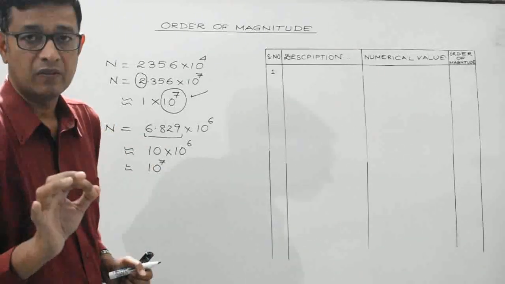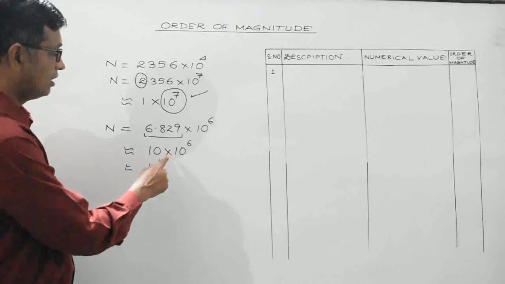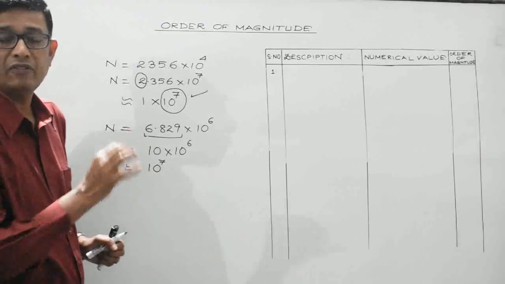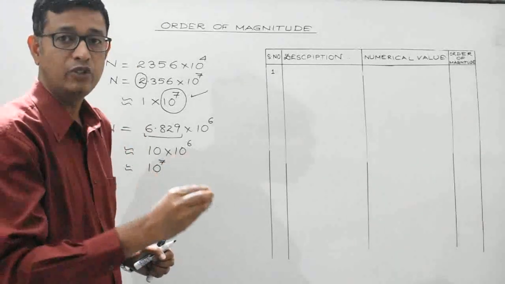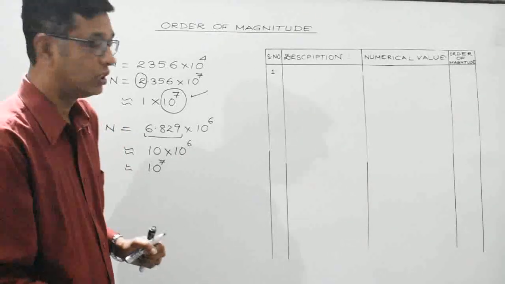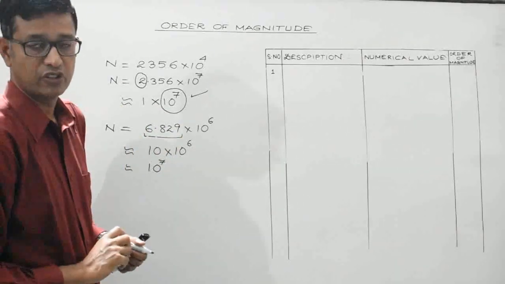Again I am repeating, order of magnitude of any numerical value is represented in powers of 10, and it gives an approximation to the actual numerical value of the physical quantity under consideration.